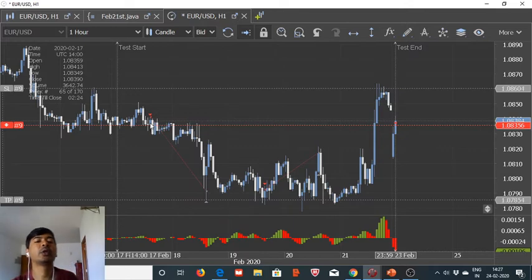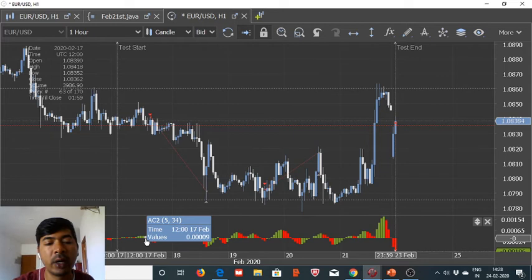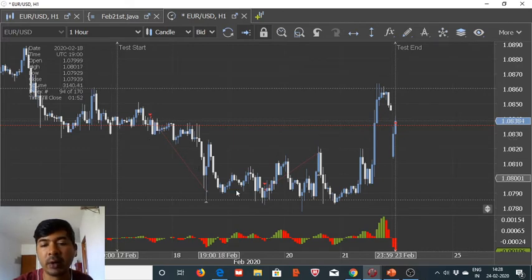Let me see, our requirement was fulfilled. As you can see that prior candle, prior value of the accelerator decelerator oscillator was in the bearish territory, and shift 2 period back, that is the hour before the last candle period, here it was in the bullish territory. So so far so good, our algorithm is doing the trade as per our requirement.